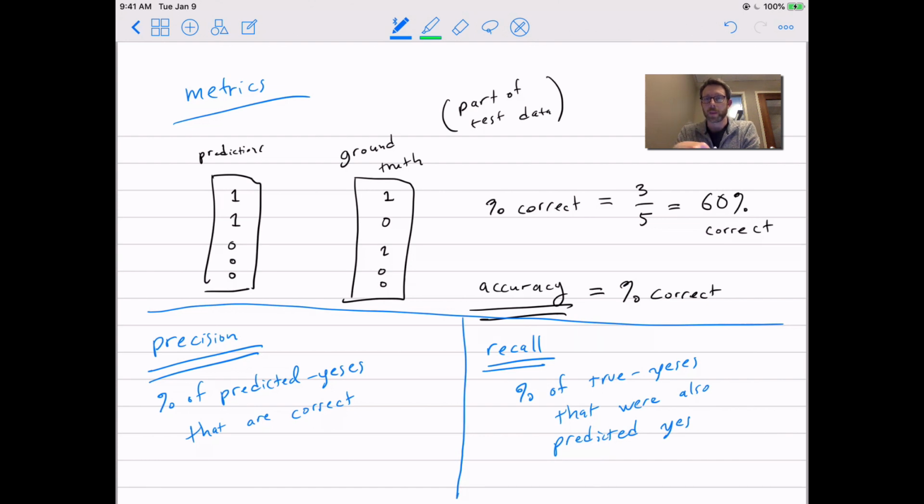Now, another example is diagnosing a potentially terminal but curable disease. So if you are using an algorithm as part of a diagnosis pipeline, you definitely want the recall to be high. And if the precision is low, let's say the precision is only 60%, that means when you diagnose this disease, 40% of the time you're actually wrong. Well, the cost for the patient in that case is probably some trauma because they're worried, but they live, right?